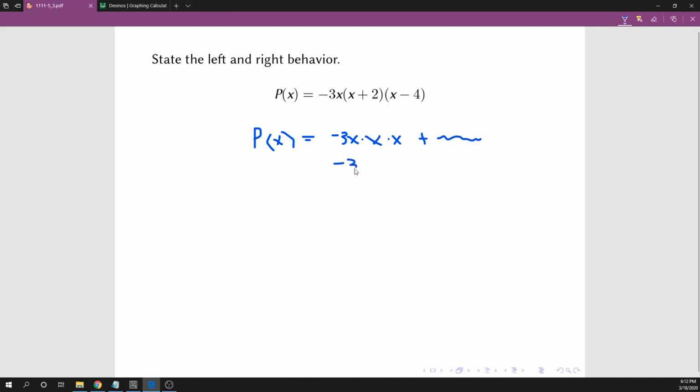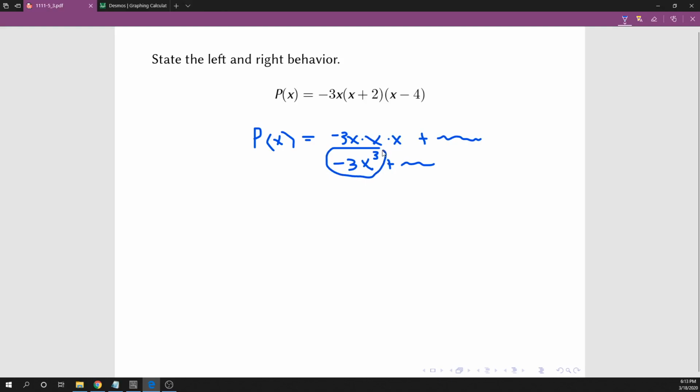So we know that this polynomial, if we worked it all out, would be minus 3x cubed, plus some other stuff which doesn't really matter for this particular problem. Now it does matter in almost every other circumstance. So I don't think you ever have to do this. It's only for this problem, right?